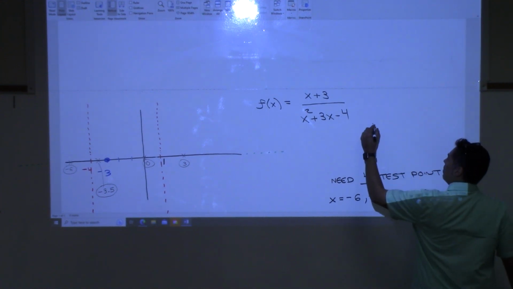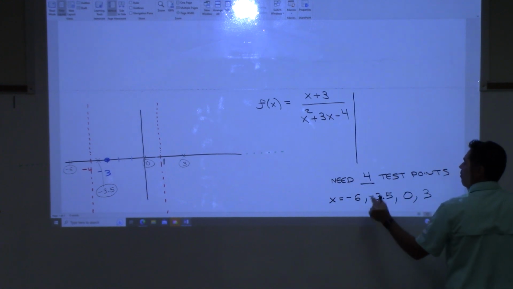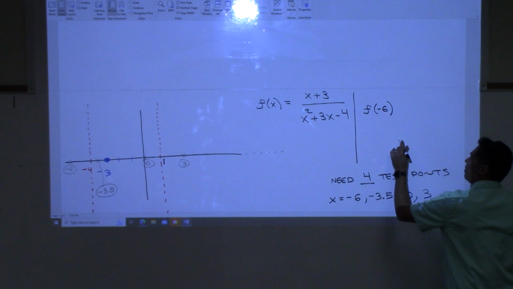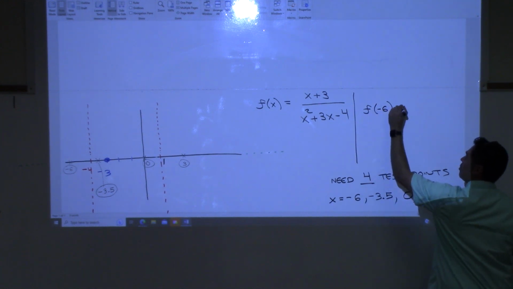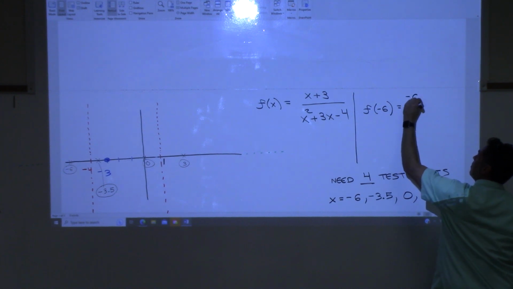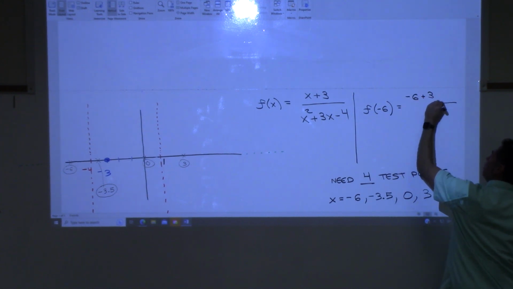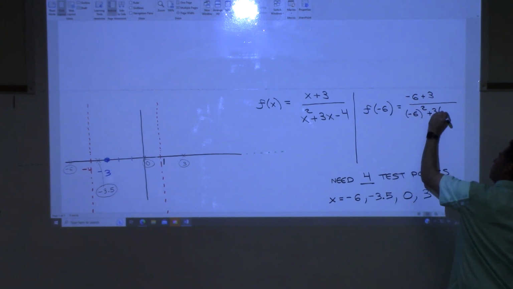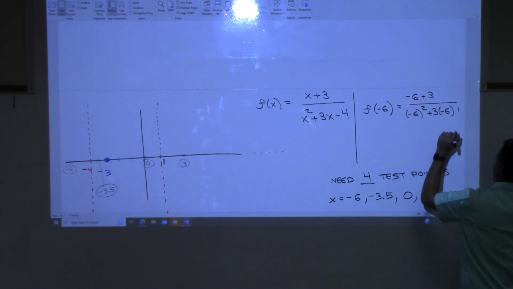Okay, so I now need to figure out what happens when I plug -6 into that function. So I'm taking -6, plugging it into the function. So everywhere I see an x, I replace it with -6. Get -6 plus 3 on top. On the bottom, -6 squared plus 3 times -6 minus 4.